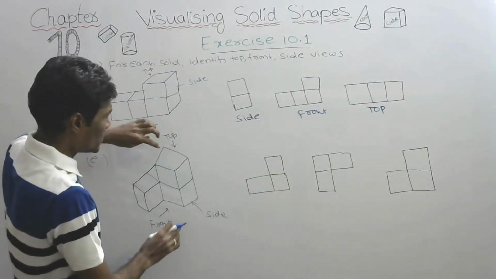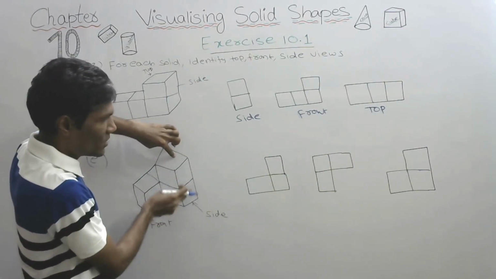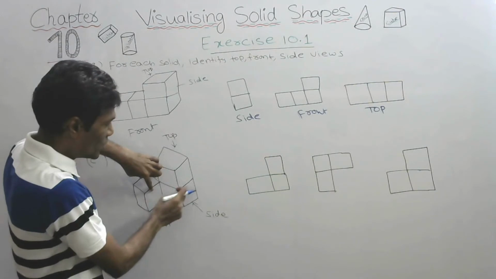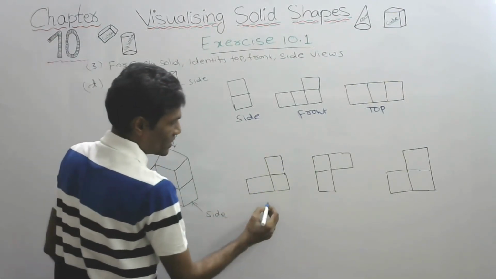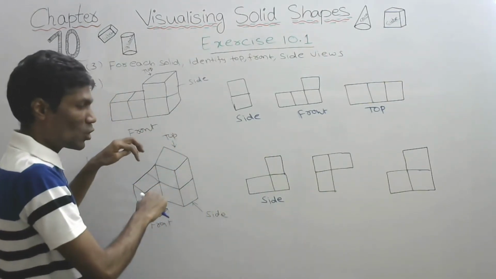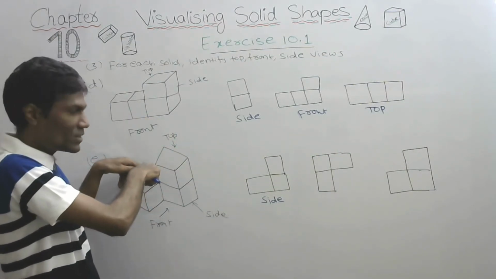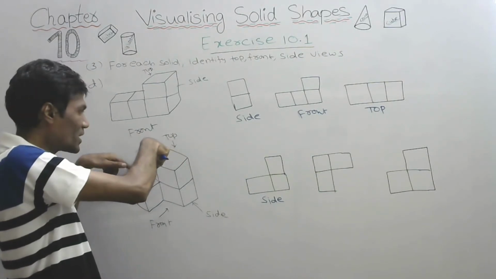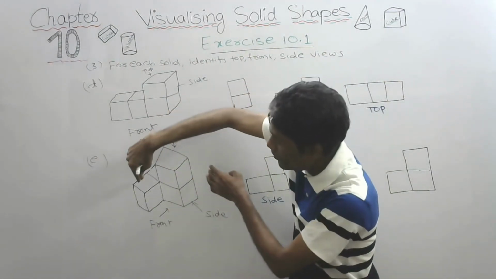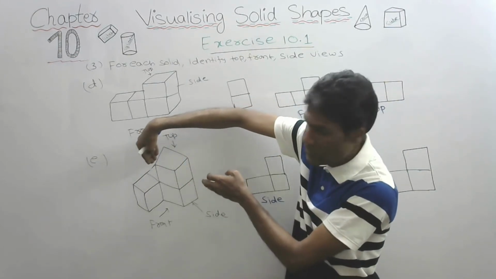And next one. See this one. If you see this one from side, how is it? Two are there like this, one is like this. 2 and 1 like this. So this will be side. And if you see from top, this is one column like this, and the two squares or cubes are arranged after this, just beside this.